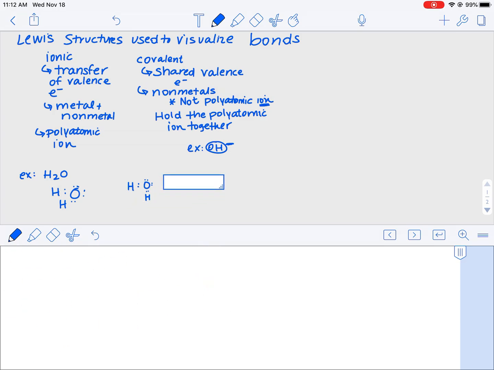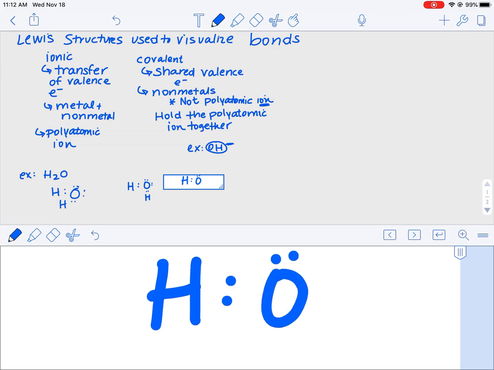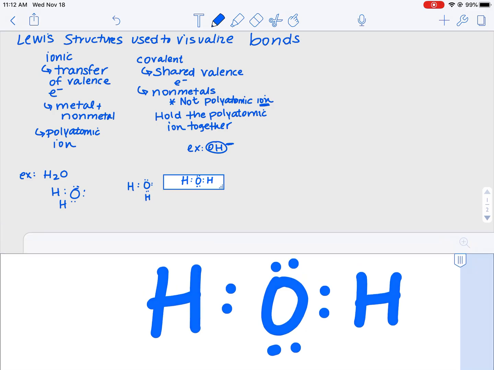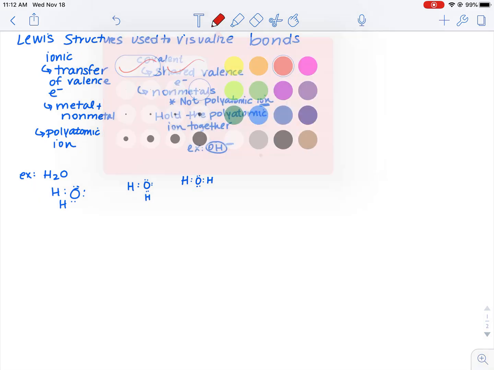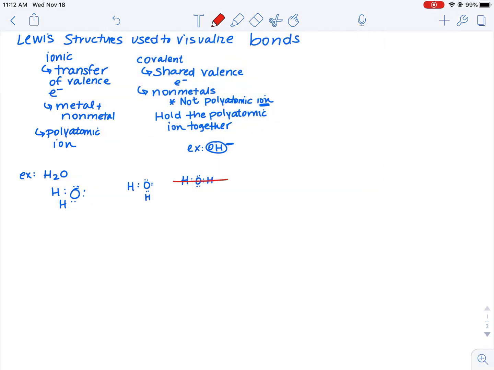However, when you look at your drawing, perhaps you drew it like this, meaning the atoms are all arranged in a line. Whereas the way I did it right now, they're lined up at a 90-degree angle to each other. Well, how can that be?